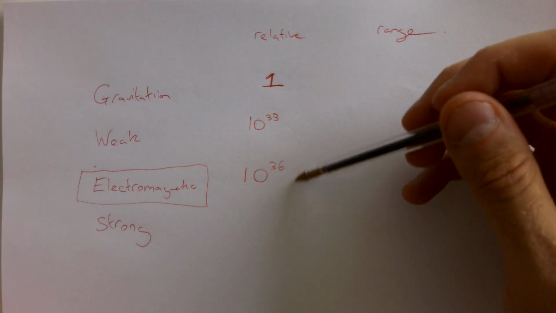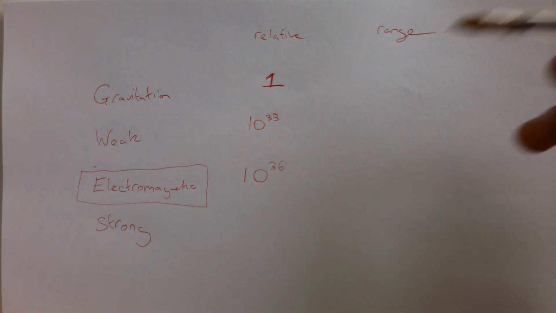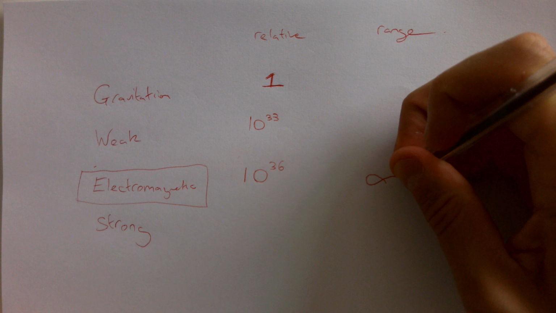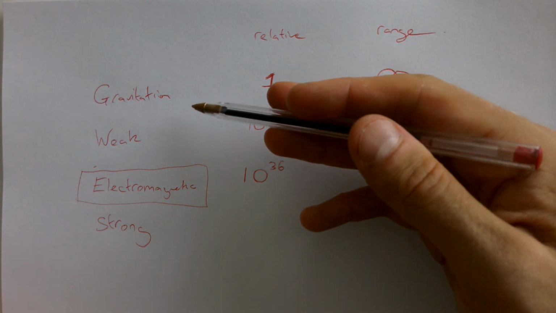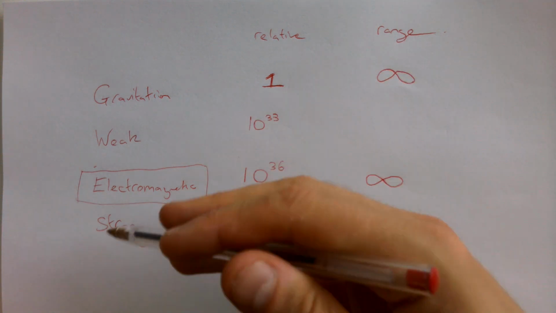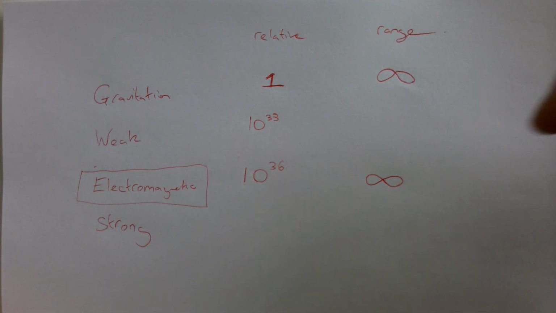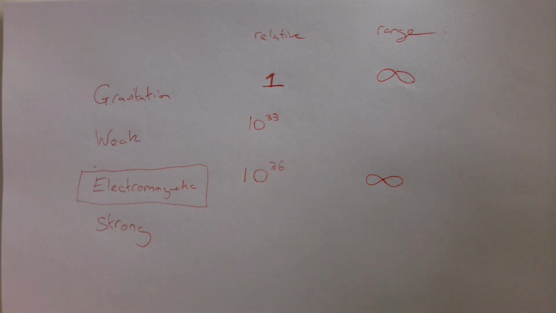Okay, we've established it's 10 to the 36 in relative strength. We should know already it has an infinite range, much like the gravitational interaction. And we have an idea of the types of things it does. Electromagnetism is a force that acts between electrically charged particles, right? We know it can combine electric and magnetic forces acting between charged particles moving relative to each other.